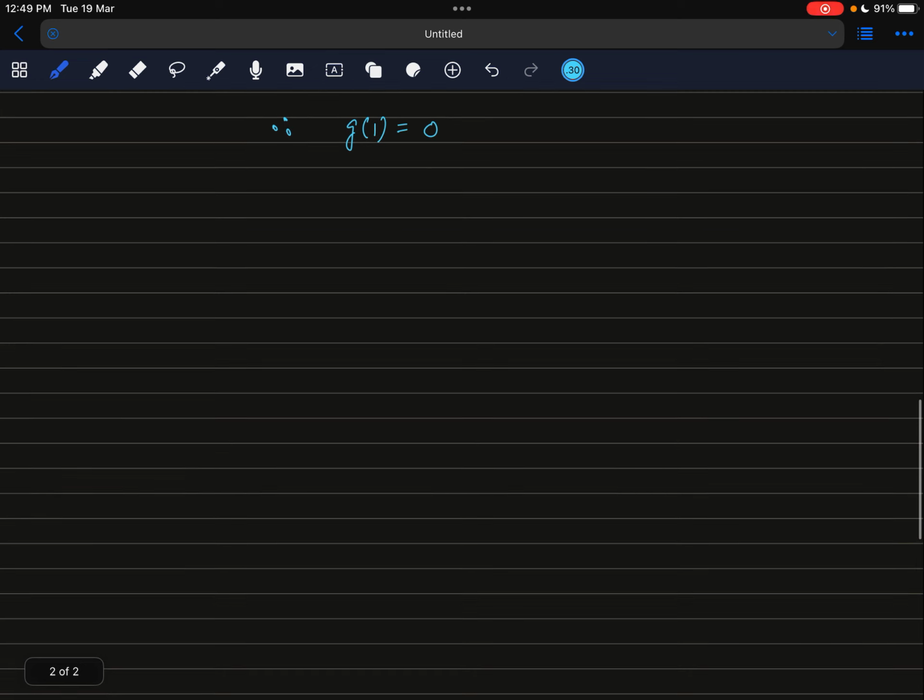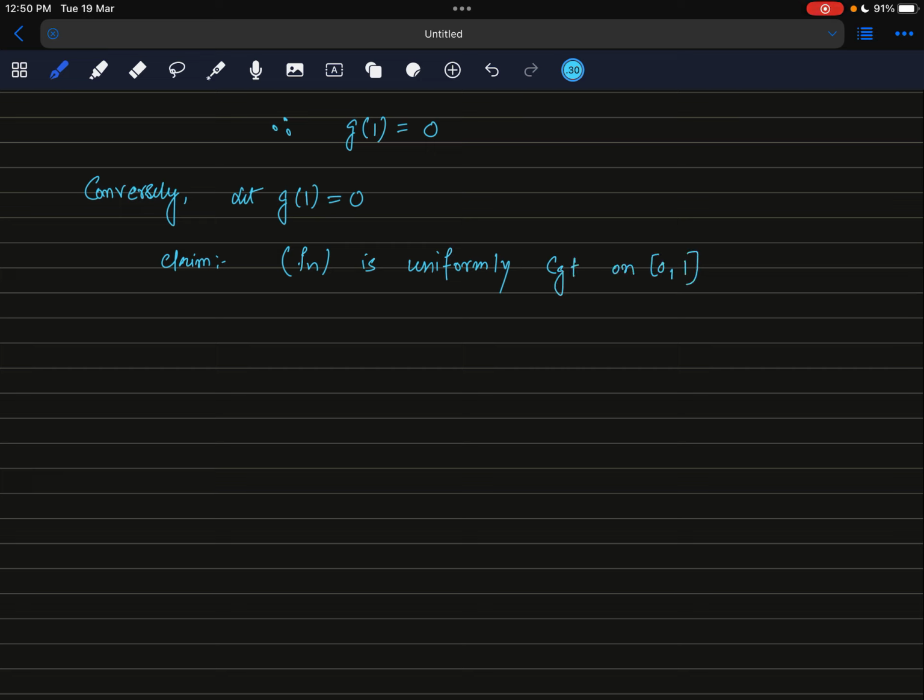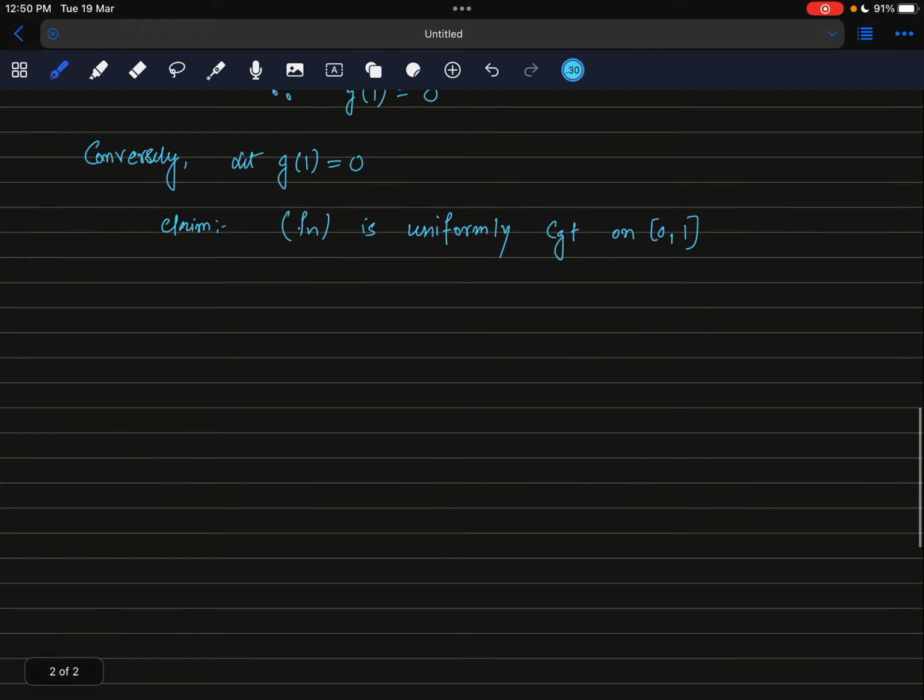Now the second part. Conversely, let g(1) equal 0. We have to show the claim that f_n is uniformly convergent on this interval.